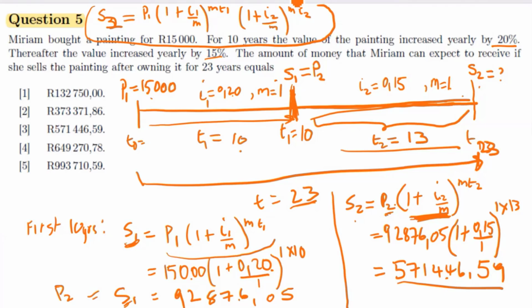There is your S1. Remember, you said your S1 is equal to P2. It's already been taken into consideration. So if you are going to be adding it again, you are creating what we call a circular argument. A circular argument is when you are going around the cycles and you don't get out of the loop. So if you use this procedure, what you find here is your final answer.